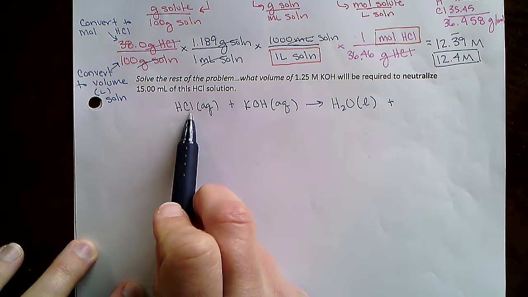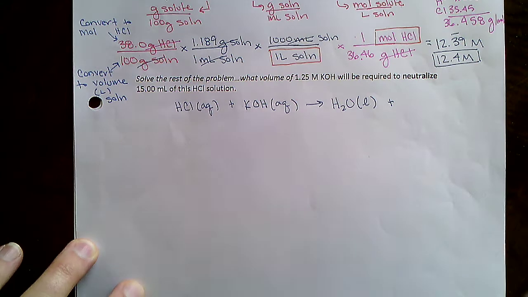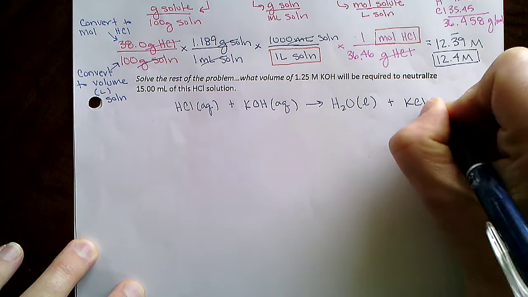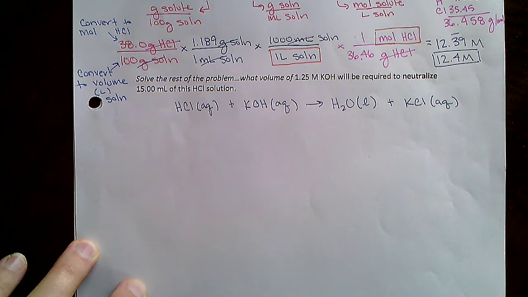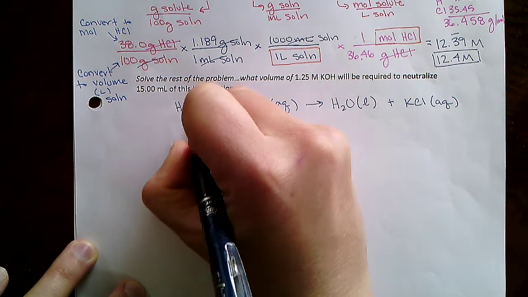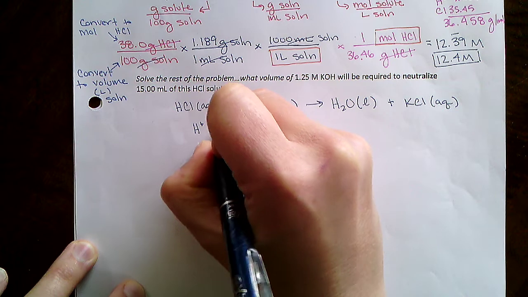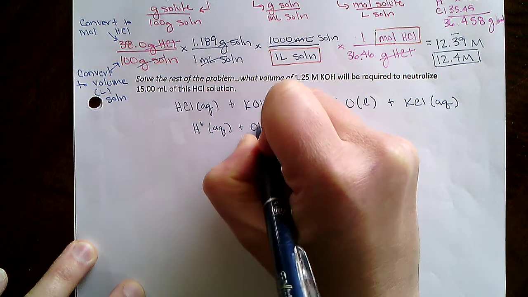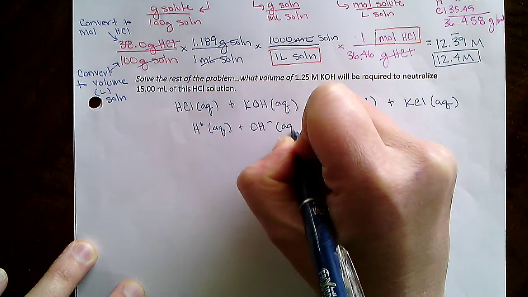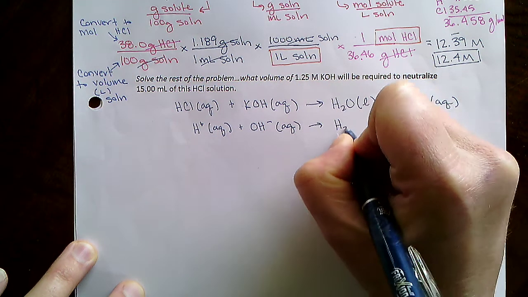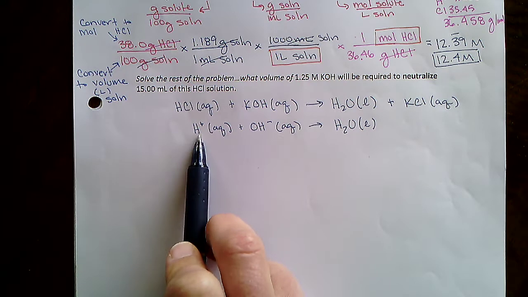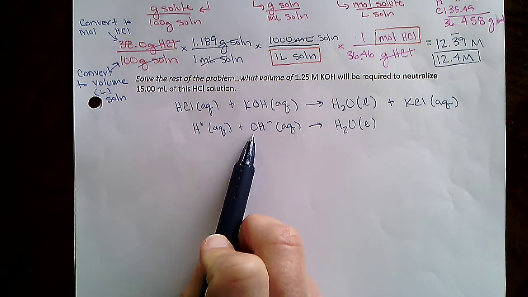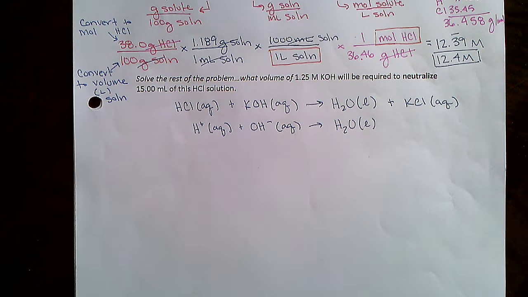And what's left over are the spectators, chloride and potassium, KCl. So notice everything here is 1 to 1. If you wanted to write out the NIE, you would have H plus aqueous plus OH minus aqueous makes water. So the moles of H plus are going to equal the moles of OH minus in any neutralization reaction, and we see here they're reacting in a 1-to-1 ratio.